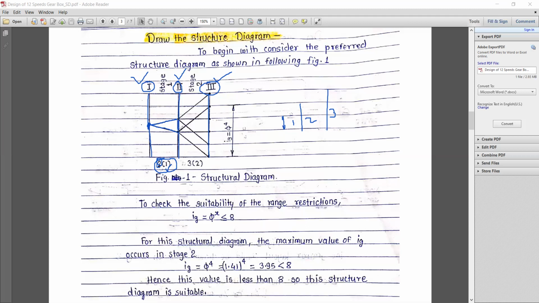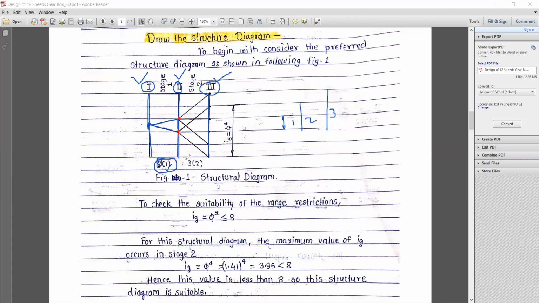So here you can see the spacing between these two points is 1. These are the 2 points, first and second. So this is stage number 1.